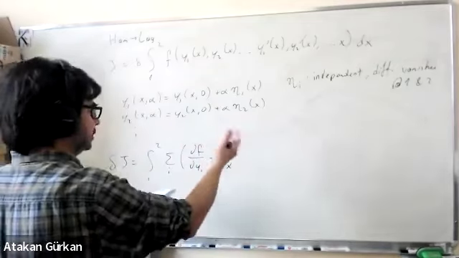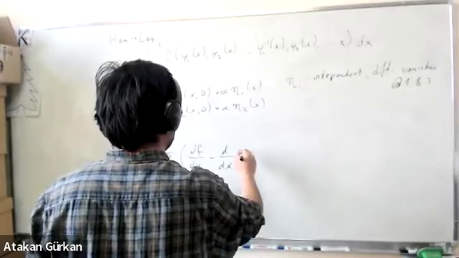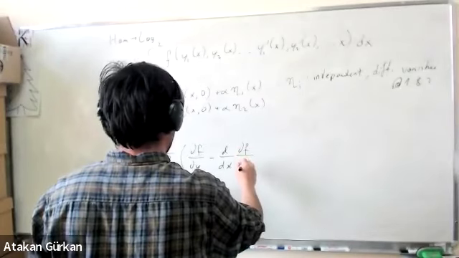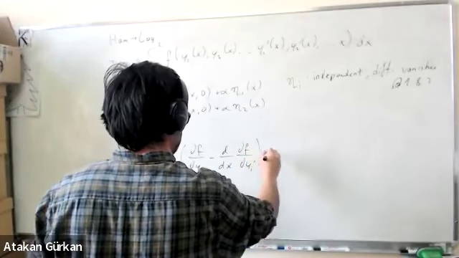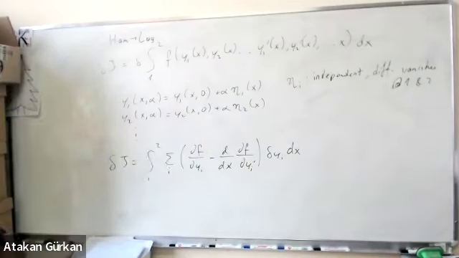It's essentially the same steps. You're just applying the chain rule. Okay. So again, integrate by parts. You keep the first part, you integrate by parts the second part, and so on and so forth, and you end up with this situation.